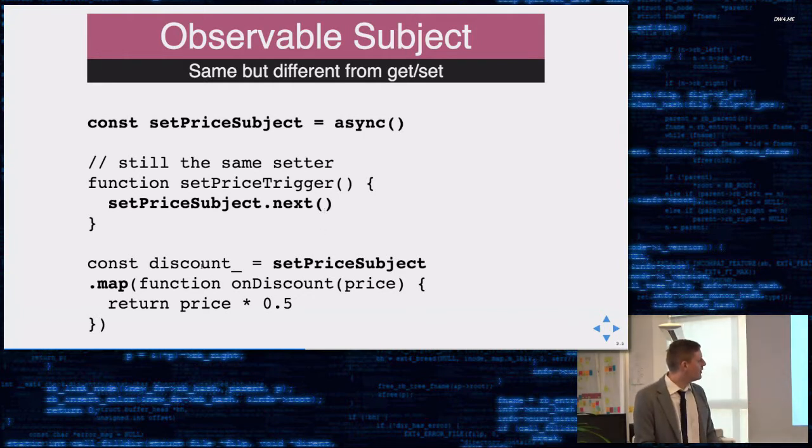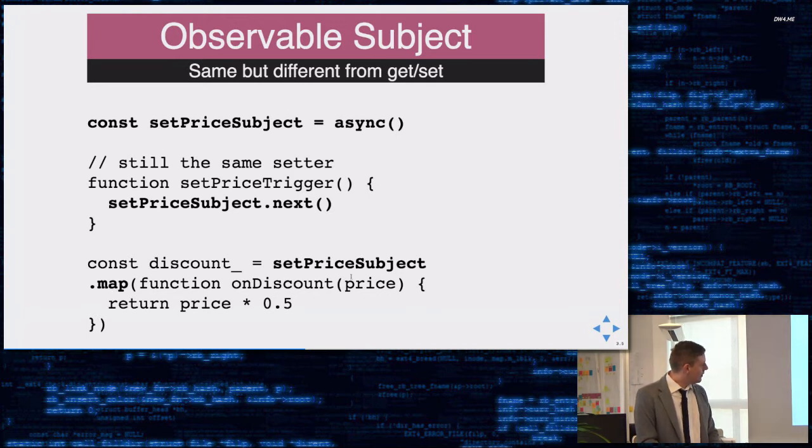And you can have a discount stream here. I use underscore for notation for stream, because otherwise you need to write it all the time. Then you can just use .map, kind of like looping, but over time, asynchronous.